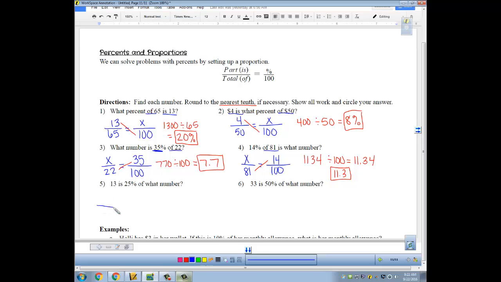Number 5, start setting up the proportion. 100 in the bottom right. It says 13 is, so it's going to go in the is part. 25%, so we don't know the of. Cross multiply, 13 times 100 is 1300. Divided by 25 is 52.